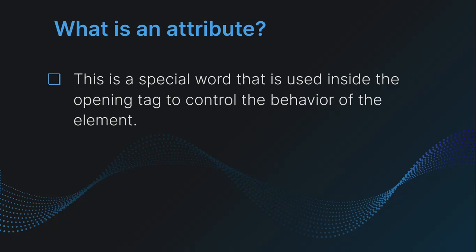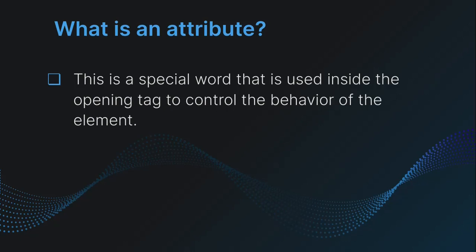In order for you to control the behavior of an element, upon opening the element, say for instance you're opening a paragraph, it's less than sign p, then a space, and then you declare your attribute. After that you close the opening of the element, put whatever you want to put, and then close the element.